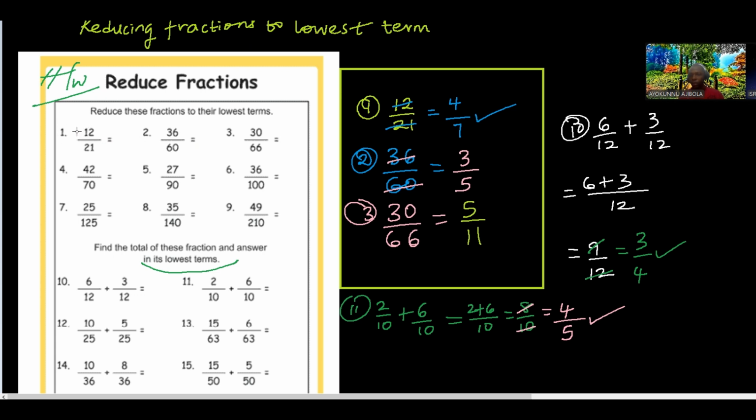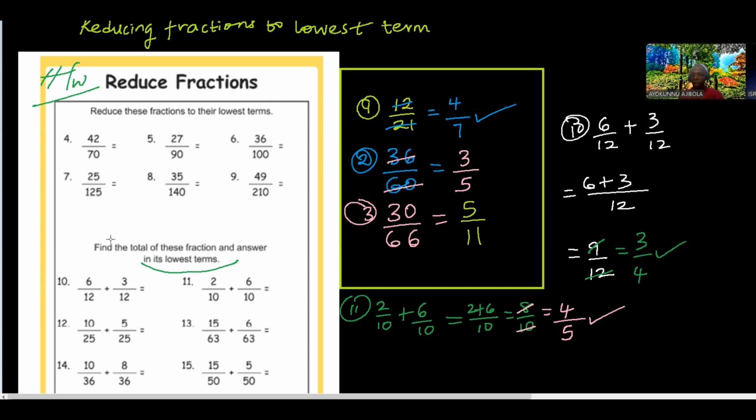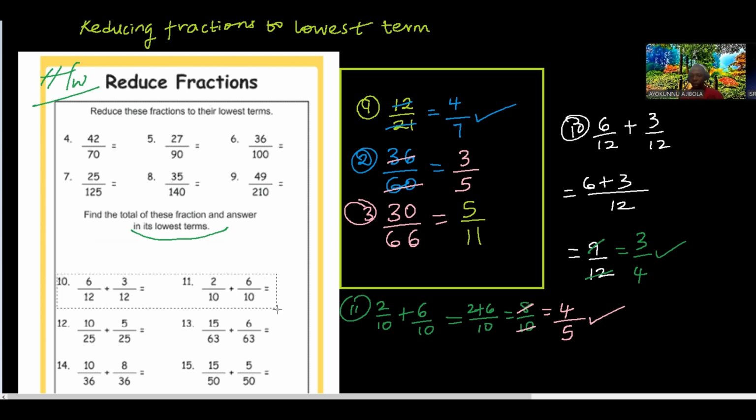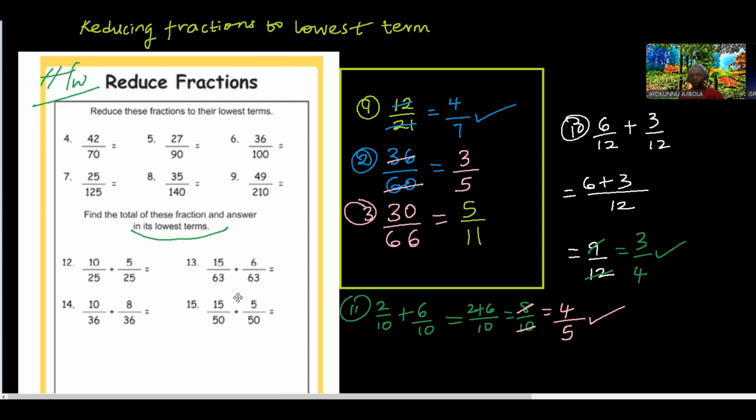We've done numbers 1, 2, and 3, then remaining numbers this and the other one. We've done numbers 10 and 11, then remaining numbers 12 to 15.